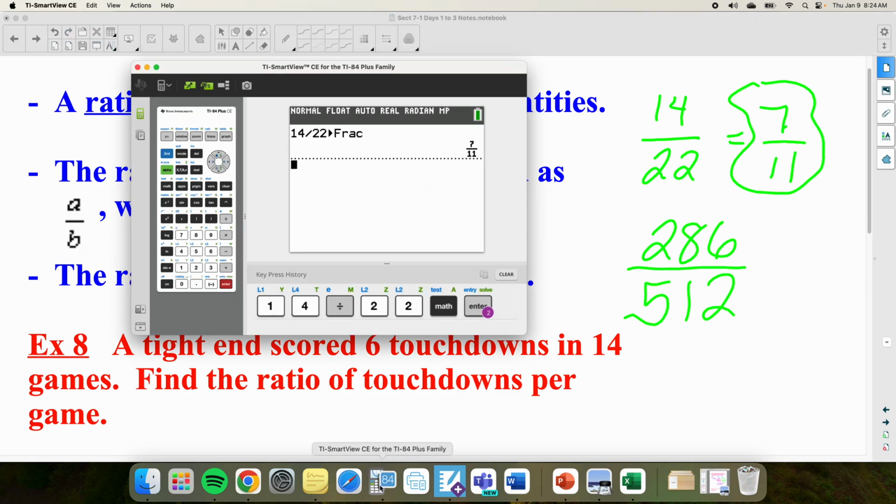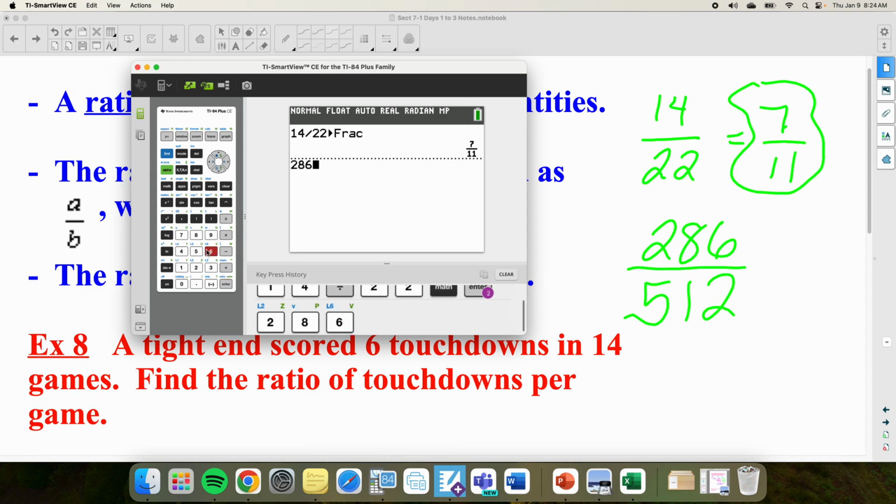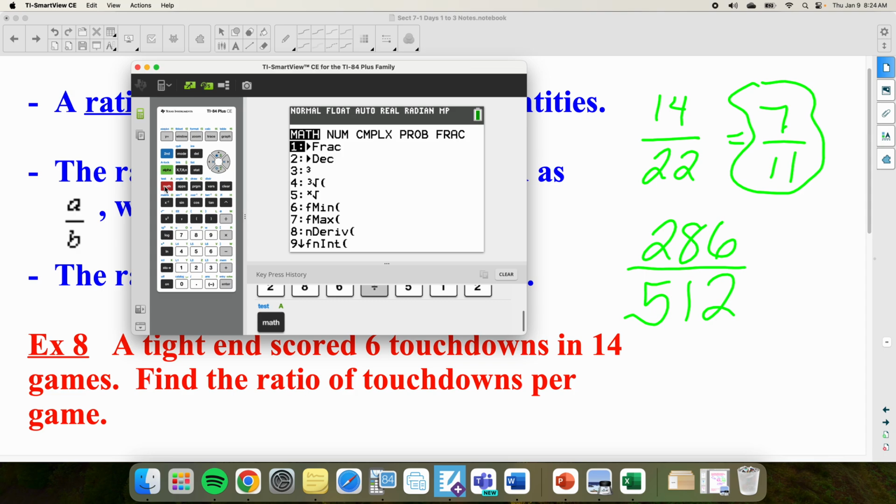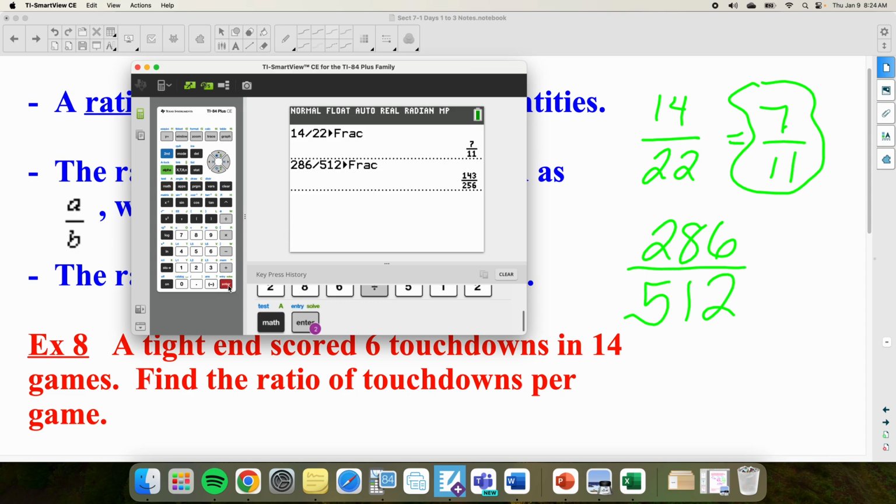You would just, again, go 286 divided by 512, and then you click your math key, and then enter twice, and it will reduce it for you, okay? If it ever reduces it, and it's the same thing, that means that it's reduced already, okay?